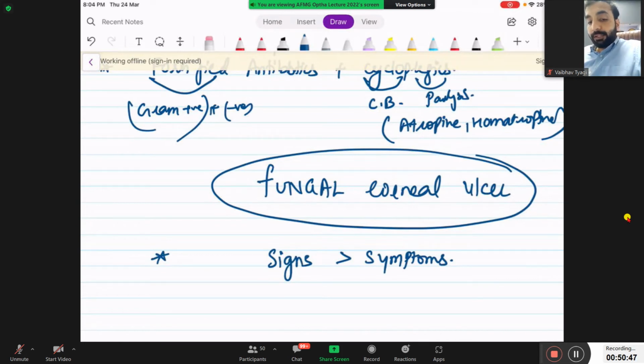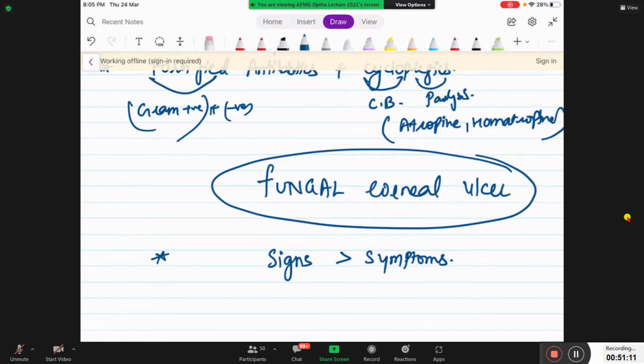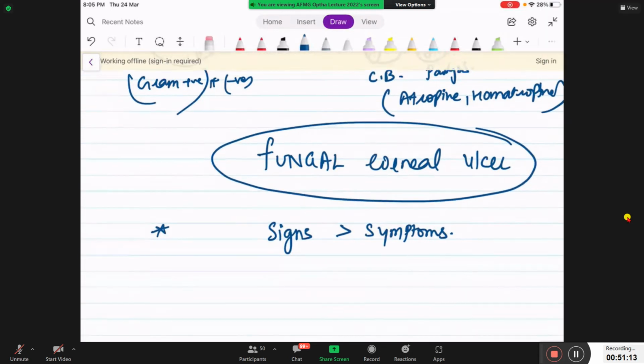Whenever the patient comes to your OPD and is made to sit at the slit lamp, the patient is sitting comfortably. But when you examine, the patient has a big hypopyon, very severe inflammation, yet the patient is sitting comfortably. Relatively, there is less pain. This gives you a clue that it can be a fungal corneal ulcer.